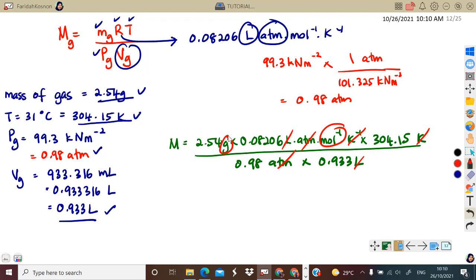So you get the molar mass of about 69.33 grams per mol.